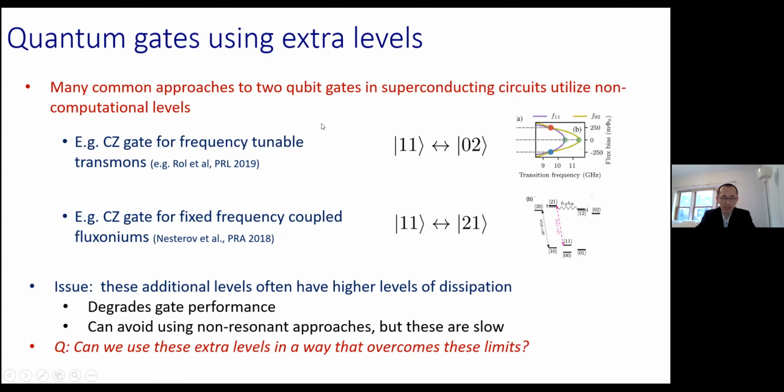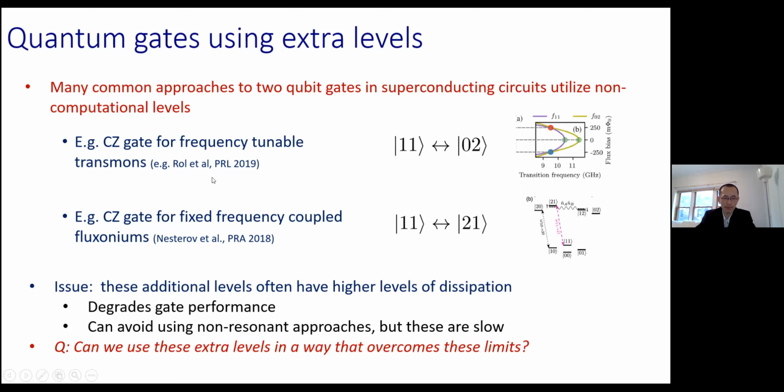Perhaps the most famous gate that uses this kind of idea is the two-qubit gate for frequency-tunable transmons, where we have the computational state 1,1, where each of the transmons is in state 1, and it is driven resonantly to the non-computational state 0,2.